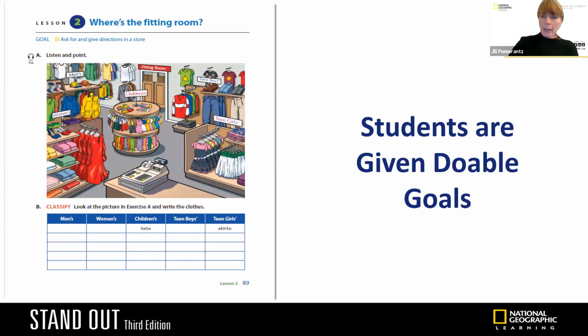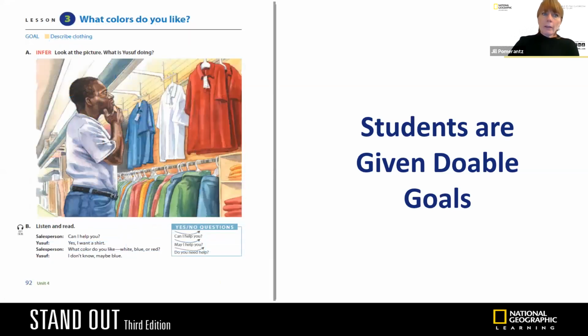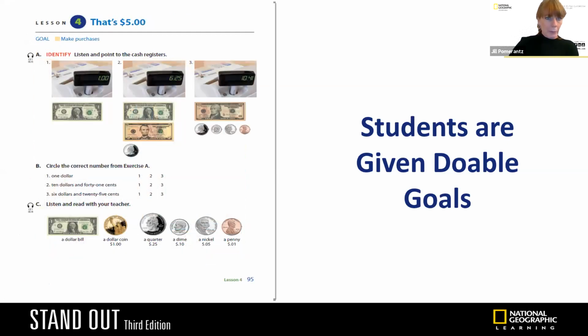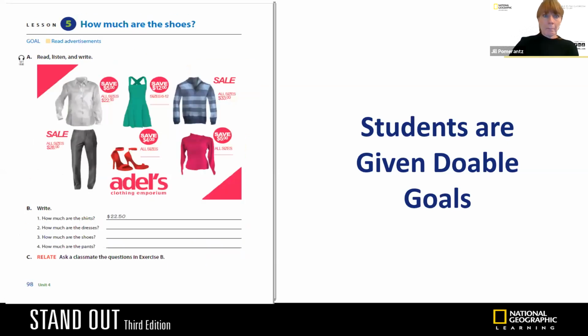Okay, so they will be able to do that by the end of the lesson. In lesson 3, students will be able to describe clothing. Lesson 4, they will be able to make purchases using money, okay? Talking about money. And lastly, students will be able to read advertisements. So all of these are doable goals for the unit.